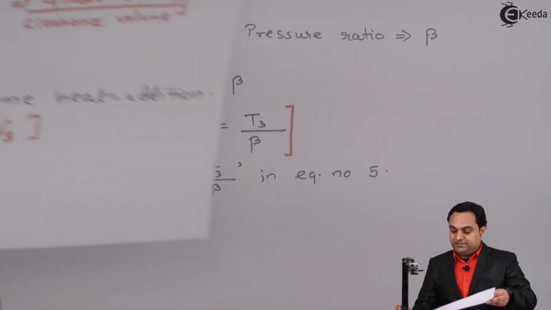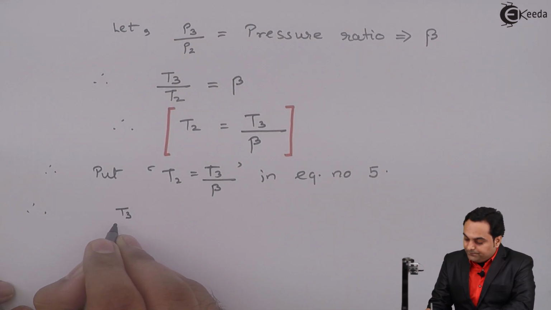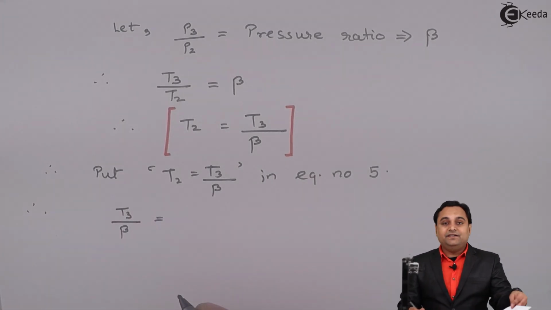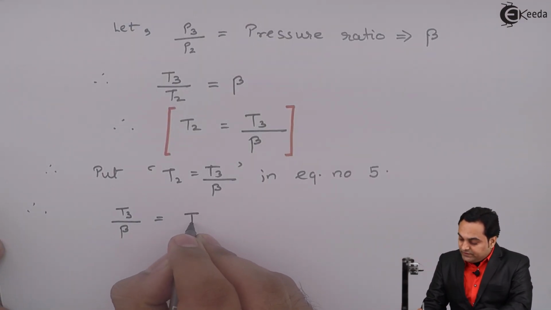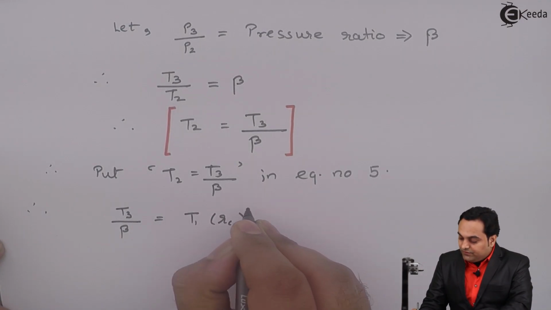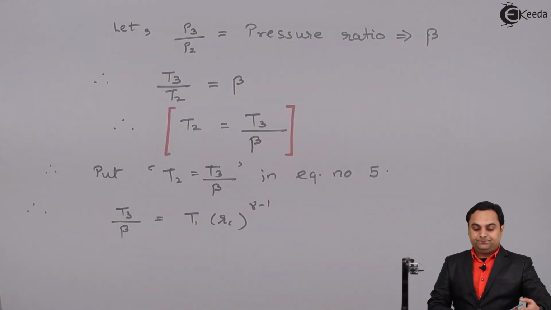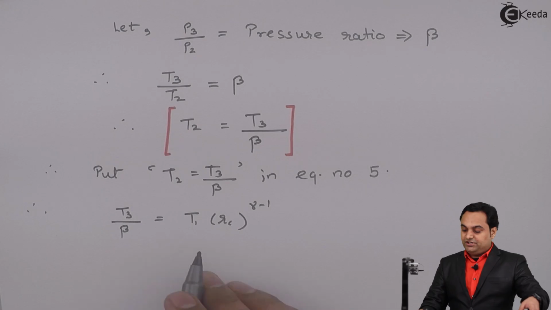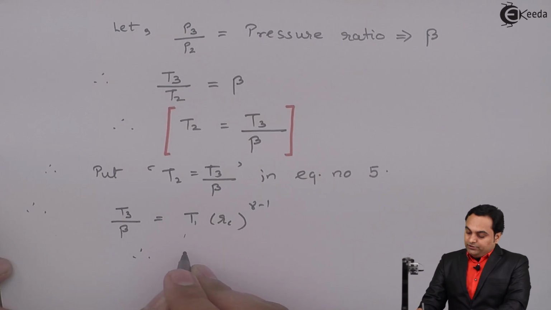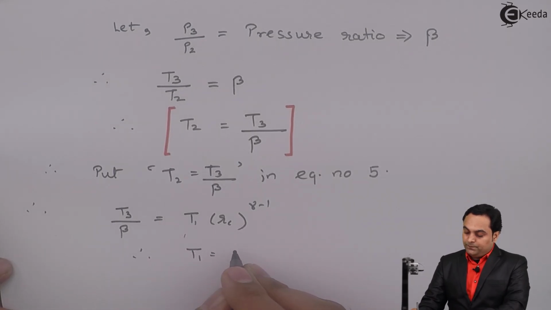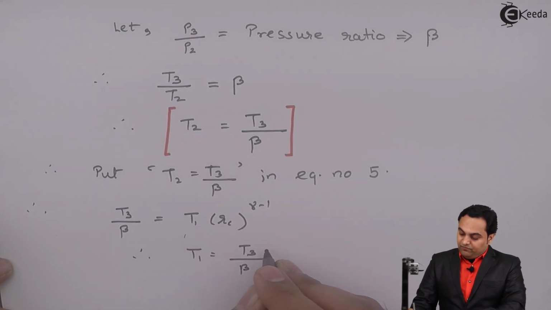On the right hand side we have T1 into RC raised to gamma minus 1. I want T1 in the form of T3, so I'll shift RC raised to gamma minus 1 to the denominator. So T1 will be equal to T3 upon beta into 1 upon RC raised to gamma minus 1.